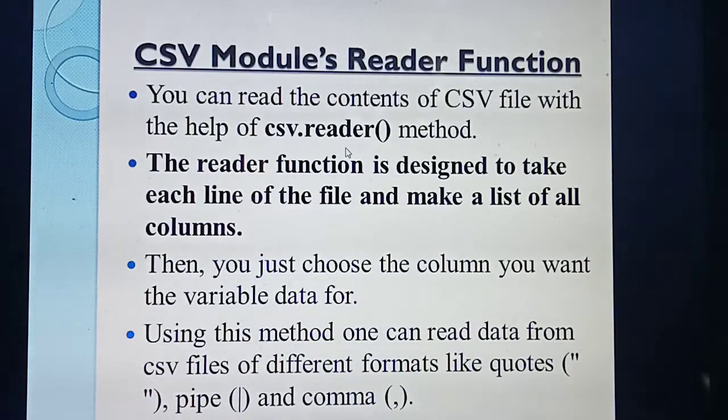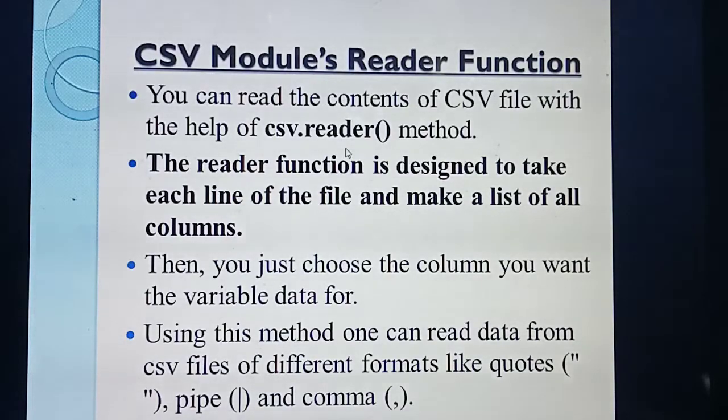Understood? Okay. And also, what things can you read with the reader function? Delimiters like quotes, pipe symbol, commas, everything can be read using the reader function. So what's the use of the reader function? It is mainly used to read the contents from the CSV file.